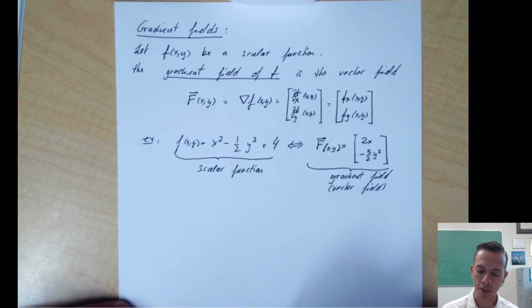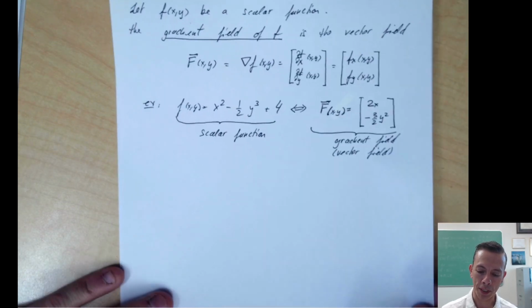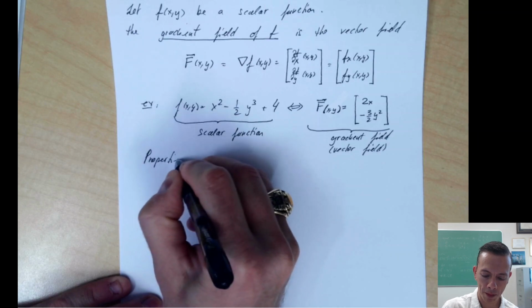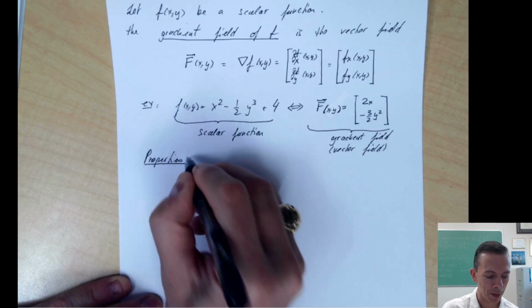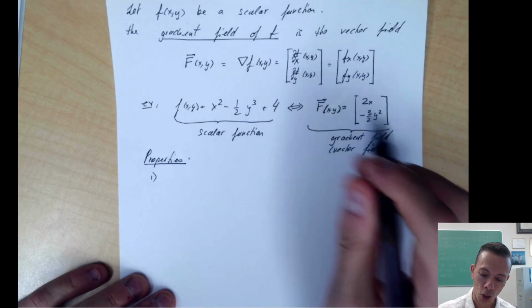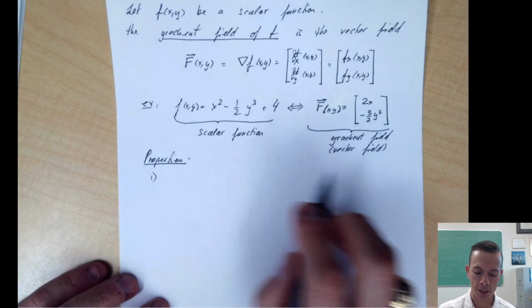So as a reminder, the gradient field has several properties. First of all, the gradient vectors always point in the direction of steepest increase.